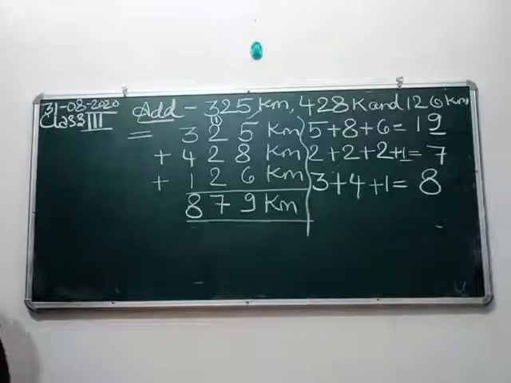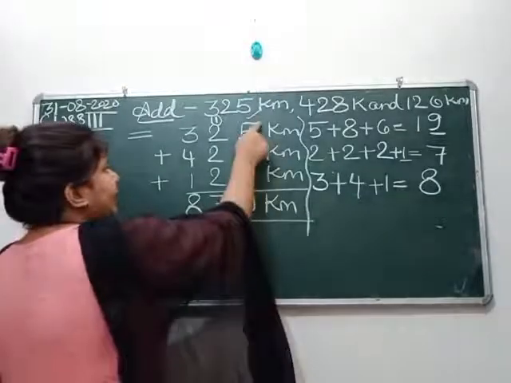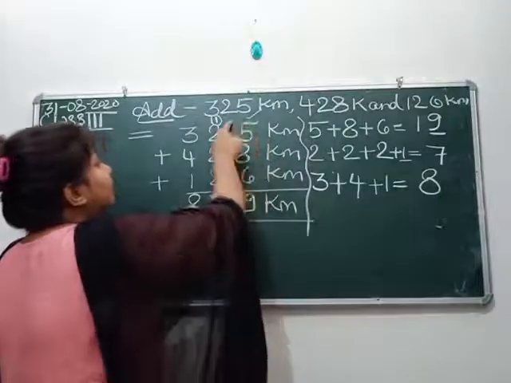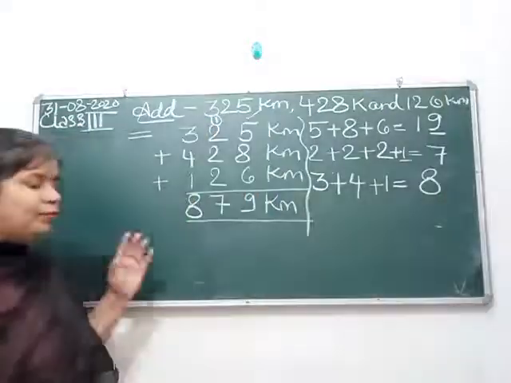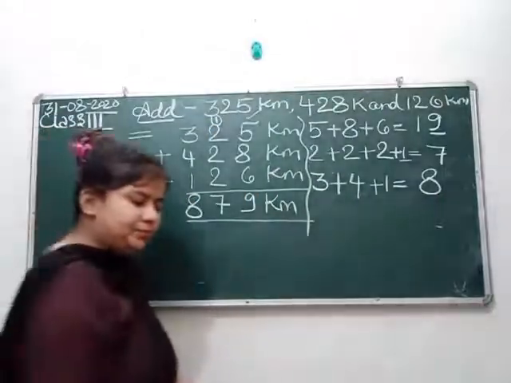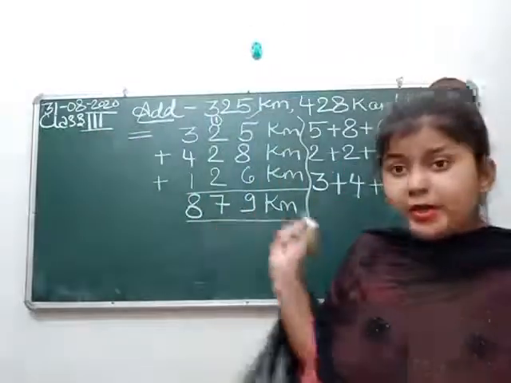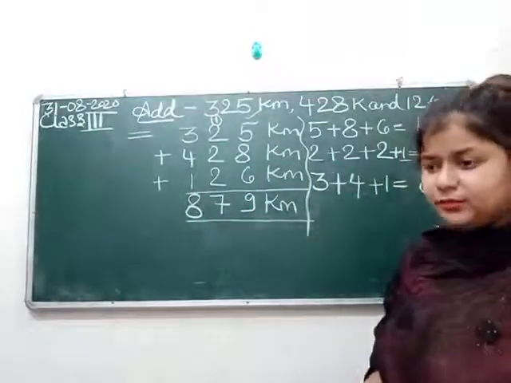So what did we do? We started from the rightmost place. Then we moved one step left each time. Okay. Note it down. Then I'll tell you the next question.